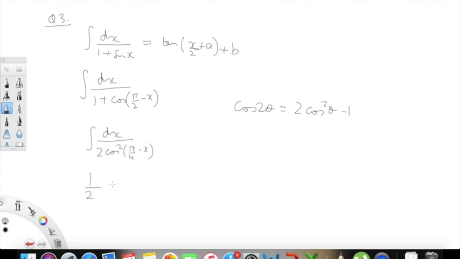So finally we have got secant square (pi by 4 minus x) dx, which comes to tangent of (pi by 4 plus x by 2), right, plus c. So that's how we go about the question.